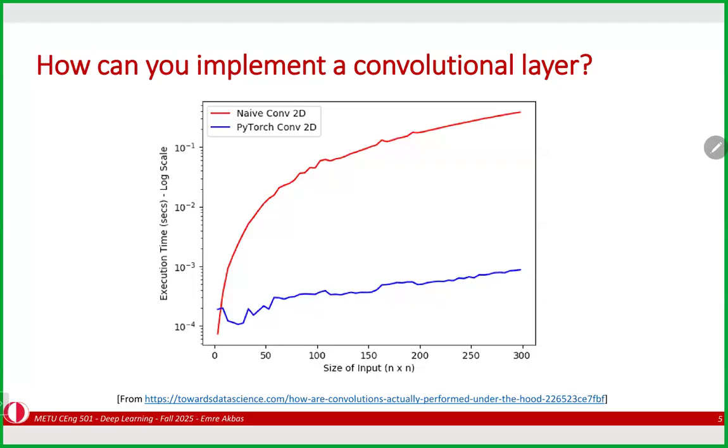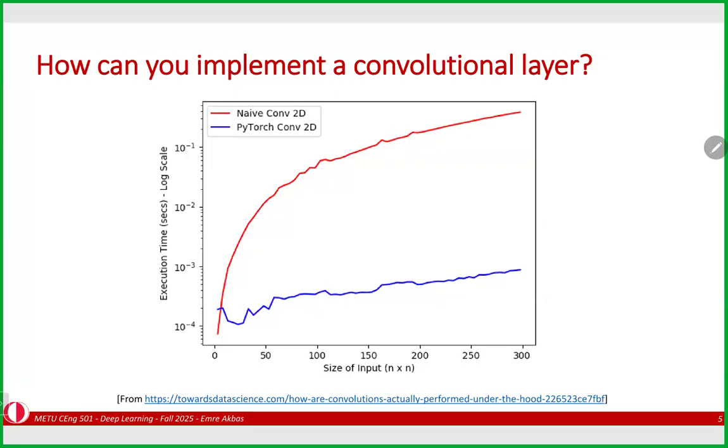And as you can see, this is the log scale in terms of time. The naive approach does not scale well, but the PyTorch implementation scales well. And now we are going to talk about how you can get this blue curve.